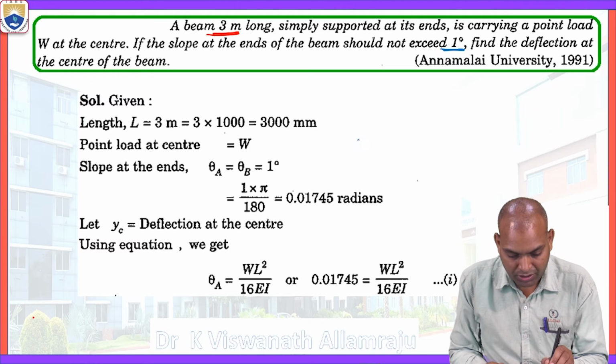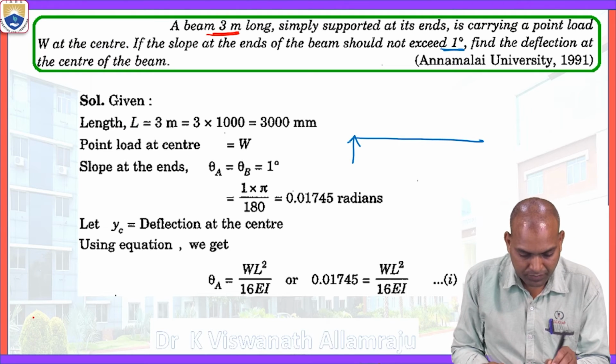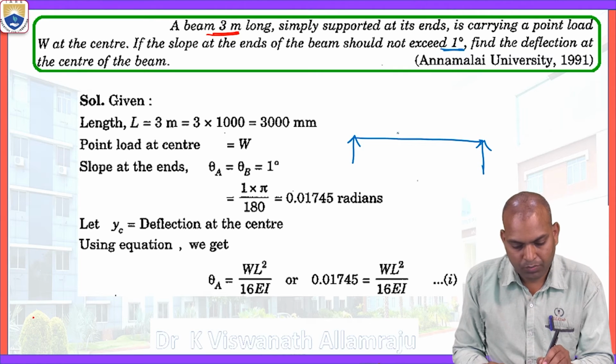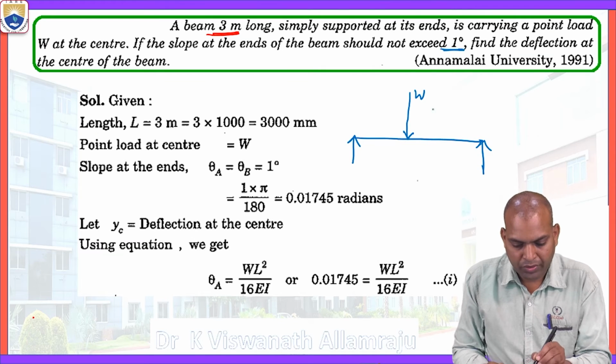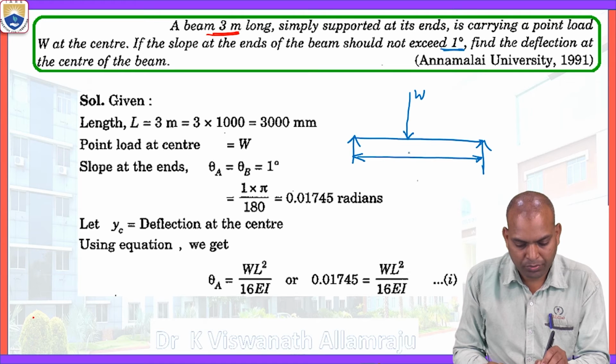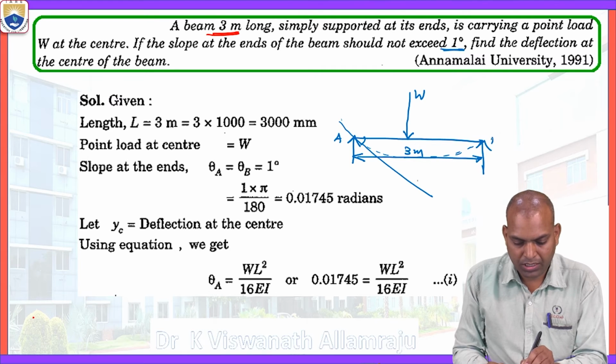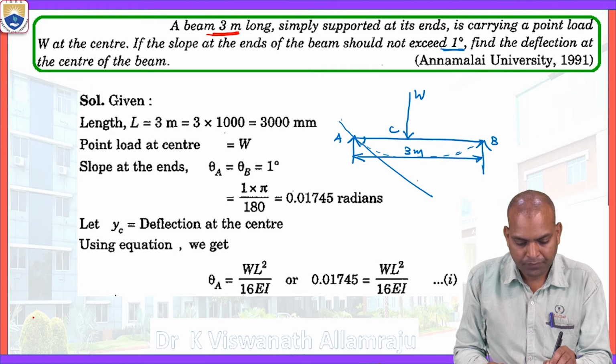First, what type of case is it? It is a simply supported beam subjected to a point load at the center. We don't know the value of W, but the span between the two supports is 3 meters. Suppose the supports are A and B. Theta A equals theta B equals 1 degree.